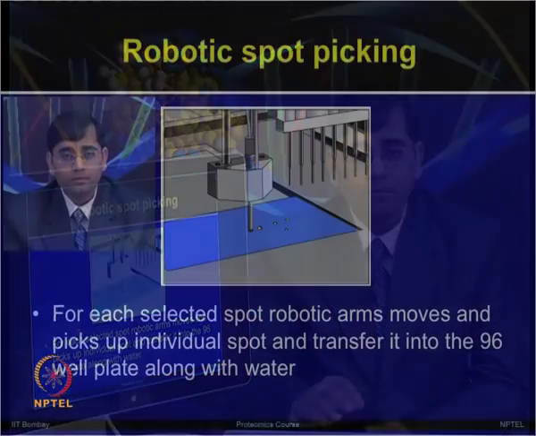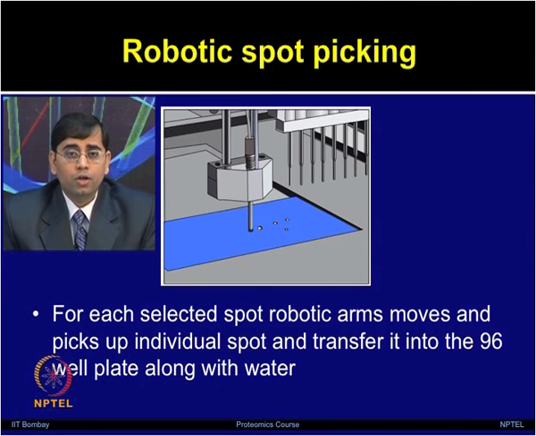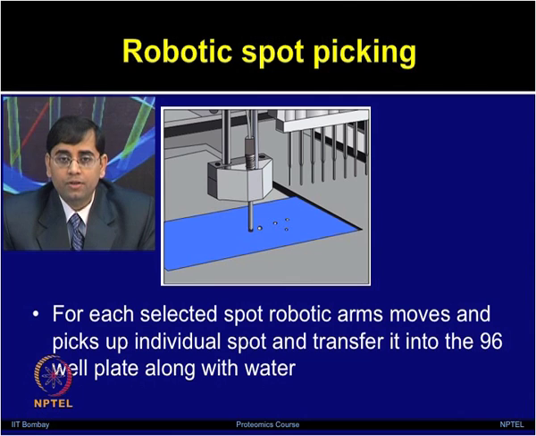Now, the second part is robotic spot picking, which, as I mentioned, is more accurate and more precise, but more costly. If you are doing global profiling, you have to rely on robotic spot picking. Often if you are looking at cyanine dyes or some sort of fluorescent stains, where you cannot even visualize the spots, then also you have to rely on robotic spot picking.